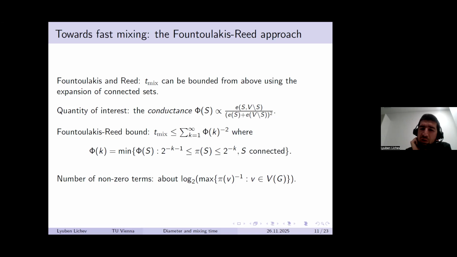Let me see, is it a bound? I think that the bound you're referring to is essentially a continuous version of this, where you integrate, and this phi of k to the minus 2 is actually phi of x to the minus 2. So there is indeed an integral form of this bound, which is averaging in a slightly different way, but I think that these are essentially equivalent. You can obtain these bounds from the other one by cutting it into pieces and then taking the worst case for every piece.